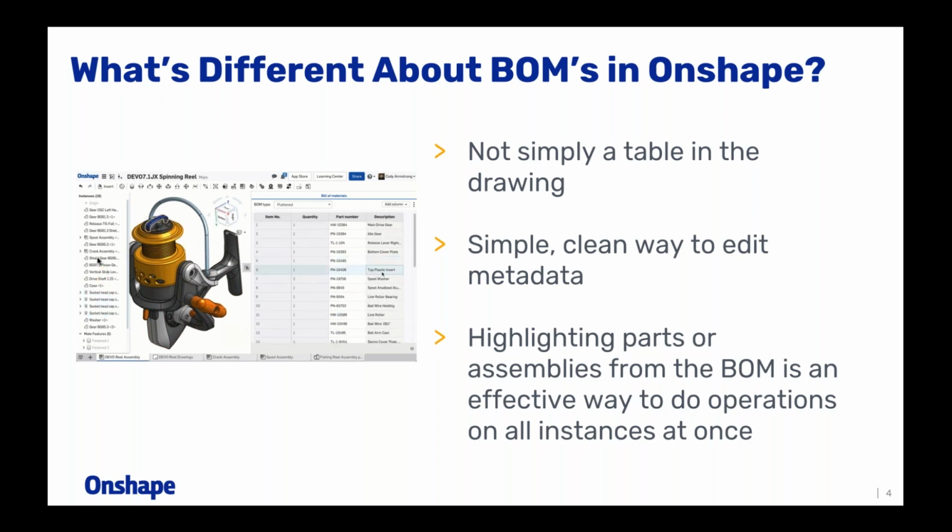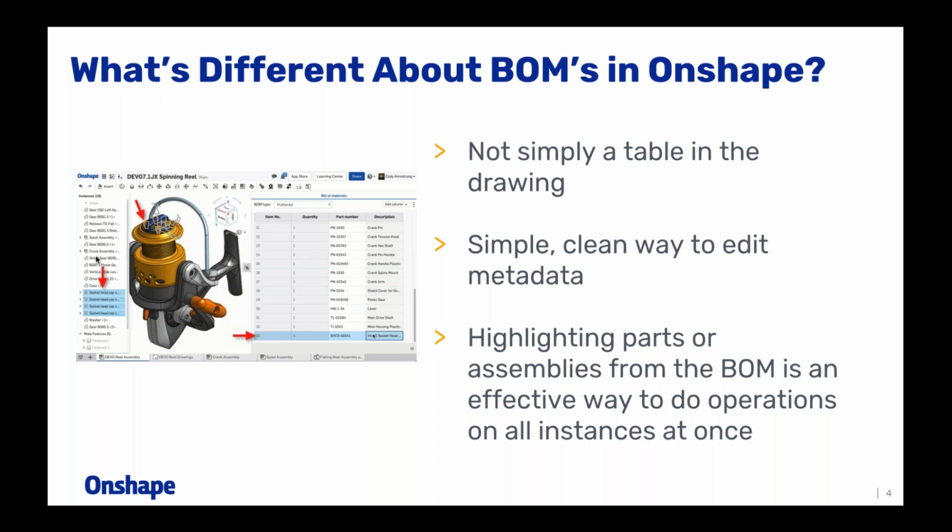So keep in mind, I think with a lot of the old CAD users' workflows, the bill of materials is typically just the table that I insert at the end. But in Onshape, the bill of materials is this interactive table that you can work with at the assembly level. And so it makes cross-highlighting very easy.